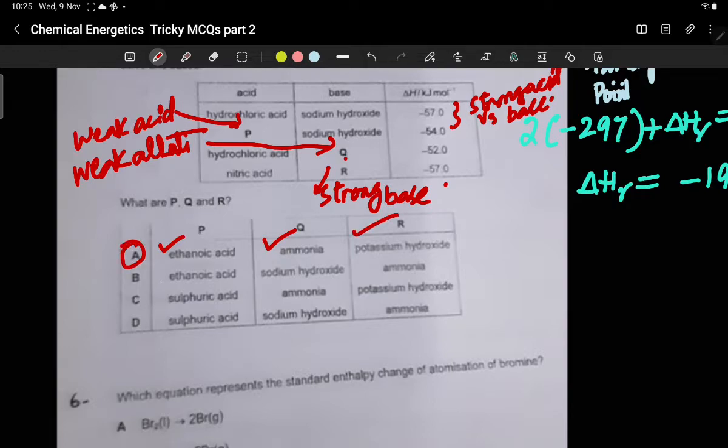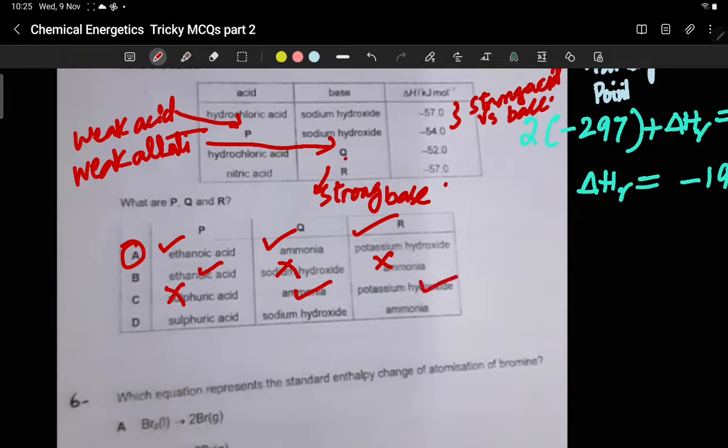Let's check the other options. Ethanoic acid is correct. Sodium hydroxide is a strong base, so it is incorrect. Ammonia is a weak base, so this option is incorrect. Sulfuric acid is a strong acid, so this is incorrect. Ammonia is a weak alkali, it is correct.